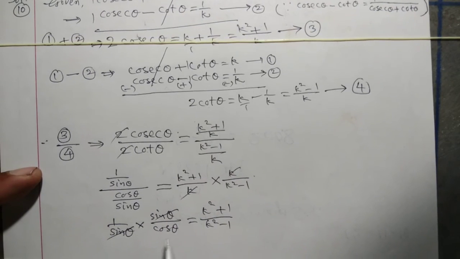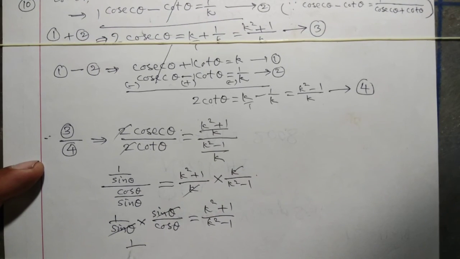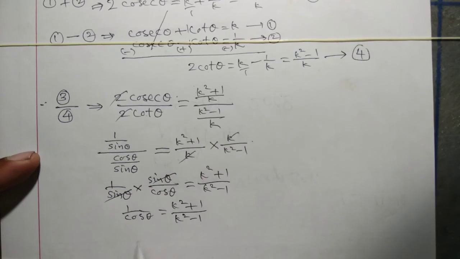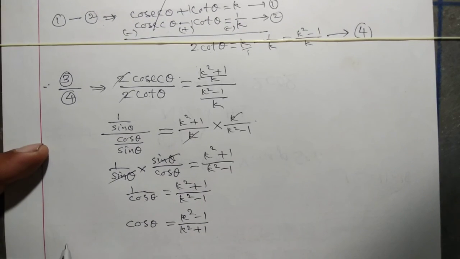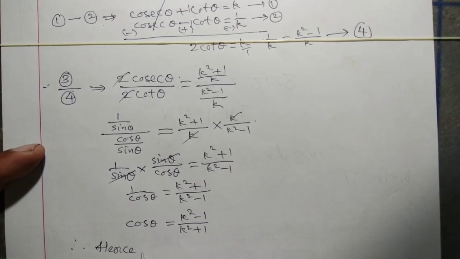Sin theta cancel. 1 by cos theta is equal to k square plus 1 by k square minus 1. But we have to solve for cos theta. So cos theta is equal to the reciprocal of this, k square minus 1 by k square plus 1. So we proved, hence proved.